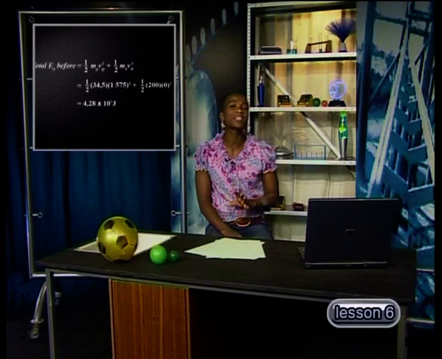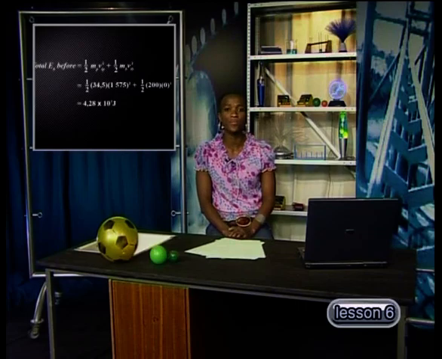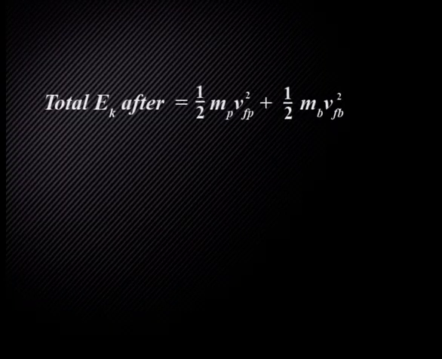Now we work out the total kinetic energy after the projectile has moved through the box. The total kinetic energy after is equal to a half times the projectile's mass times its final velocity squared plus a half times the mass of the box times its final velocity squared.